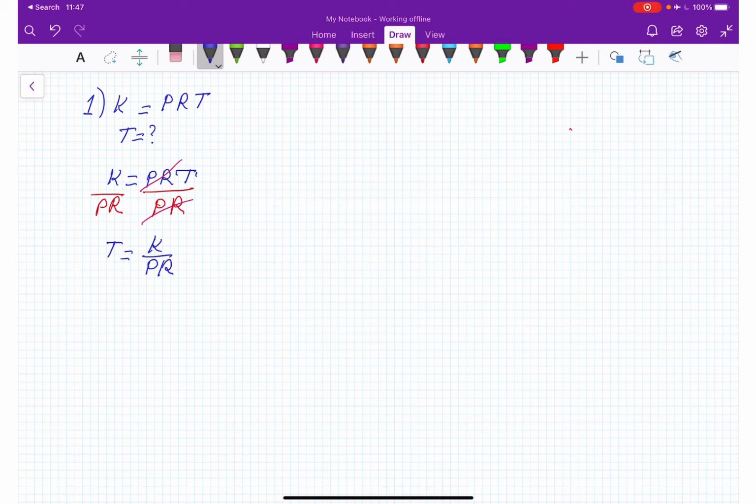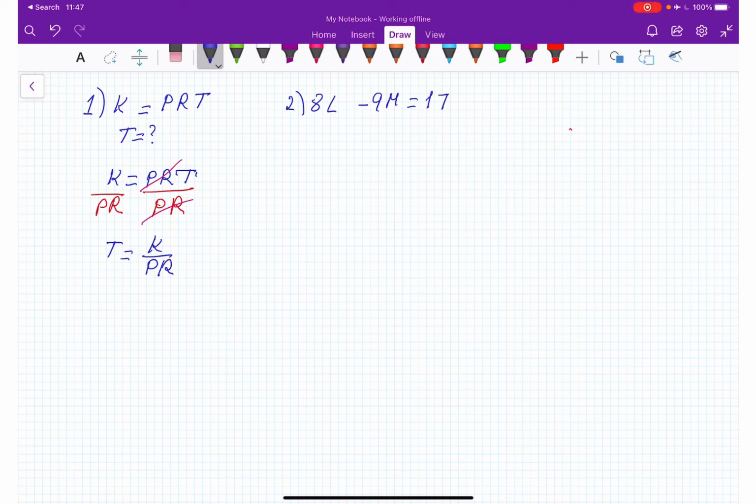Next one. Question number 2. We have L minus 9m is equal to 17.